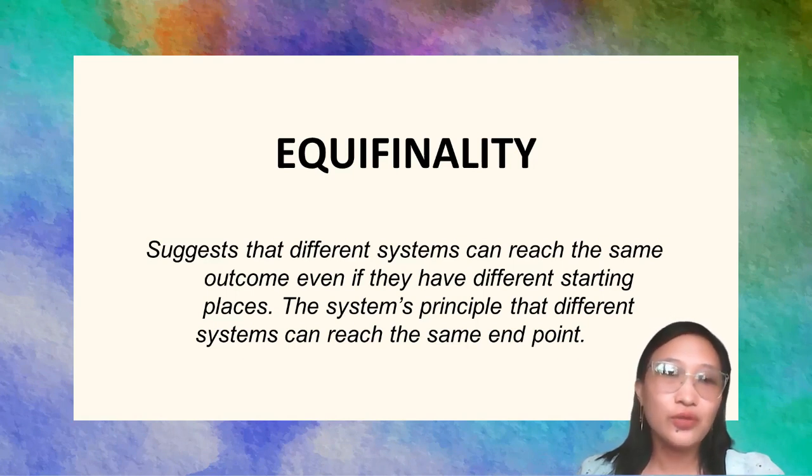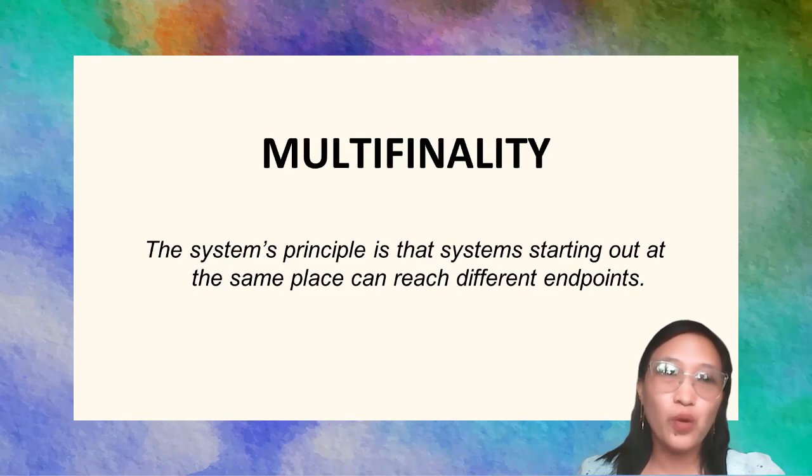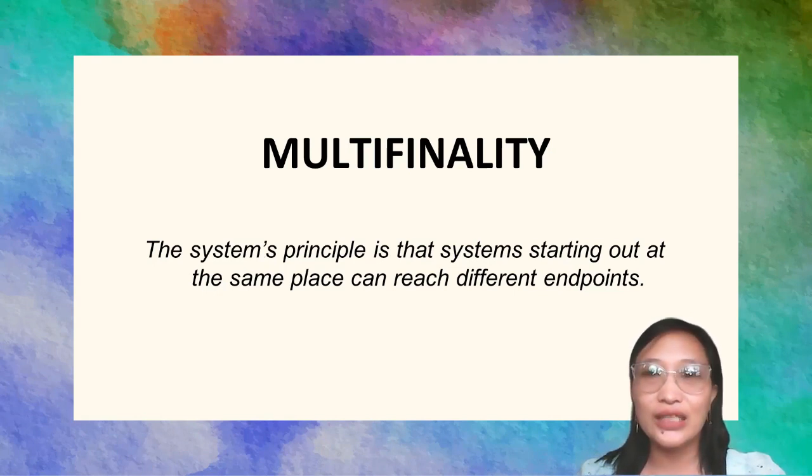Now let's go to the principle of multifinality. The system's principle is that systems starting out at the same place can reach different endpoints. So multifinality is the opposite of equifinality. It suggests that a system with similar initial conditions or starting points can produce different outcomes or final states.